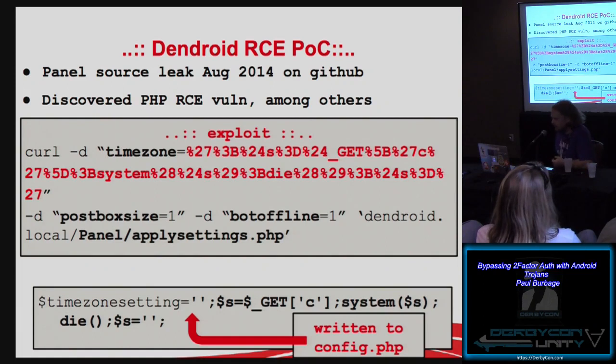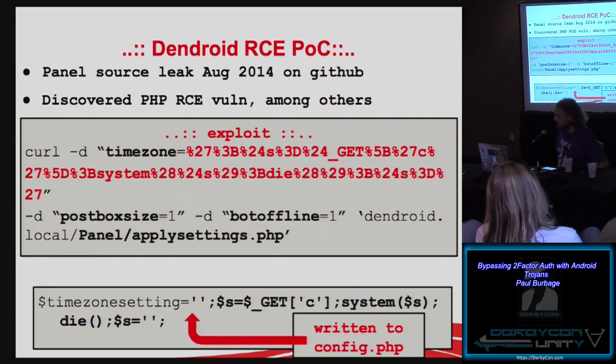So I immediately pulled down that panel that weekend and discovered a remote code execution vulnerability, among others, including SQL injection and persistent cross-site scripting. Essentially how it works, the applysettings.php file writes any code to config.php.